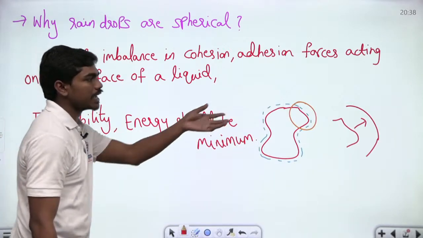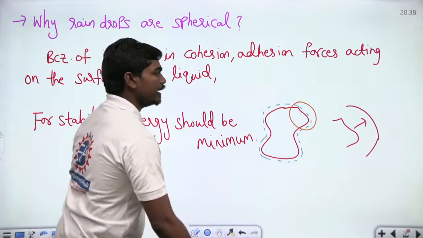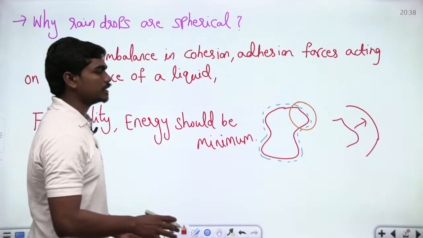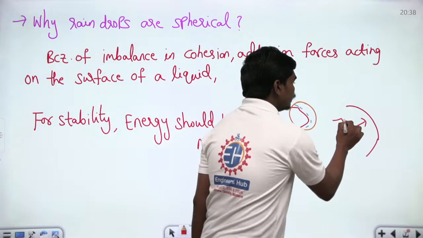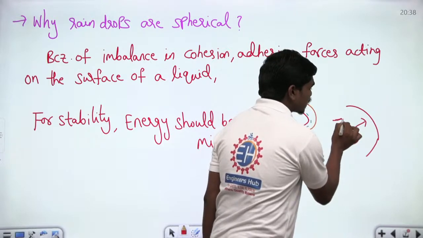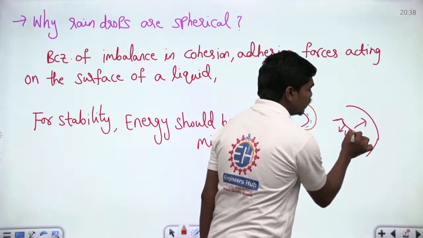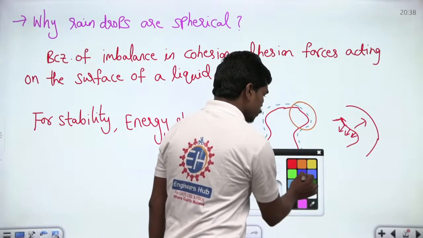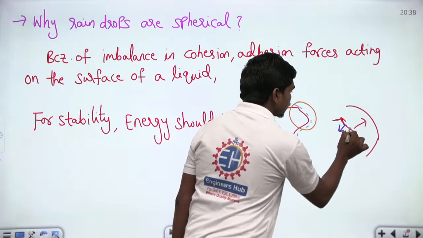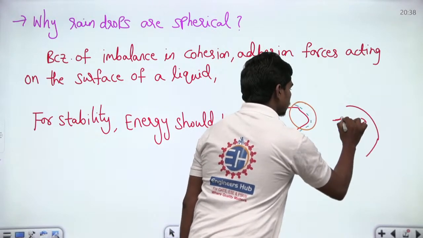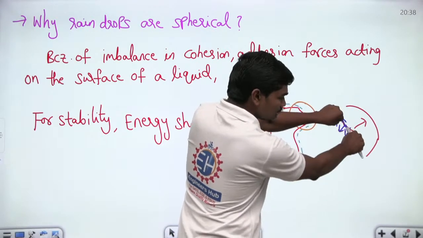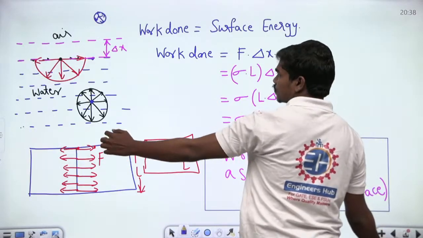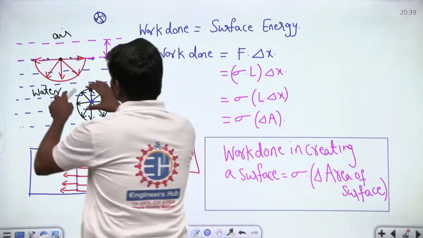And what is the surface energy? It is the work done in increasing this surface. So this is the work done because of the imbalance. If there is some imbalance, then this surface is subjected to surface tension. When the surface tension tries to pull this, the surface is subjected to stretching, like in this diagram.